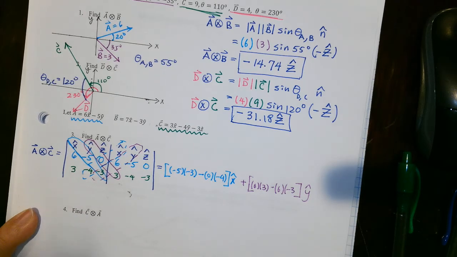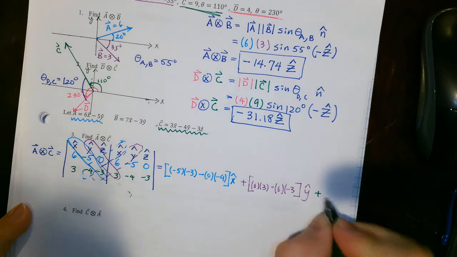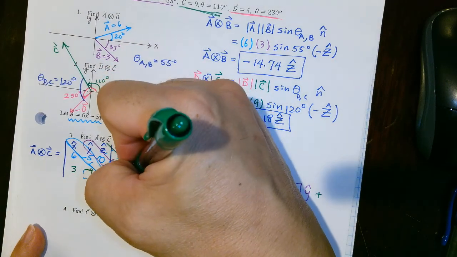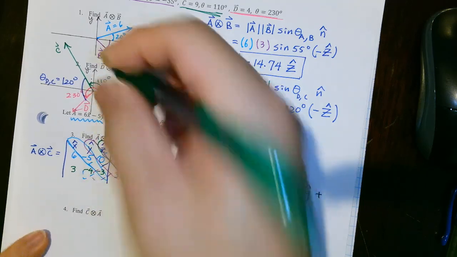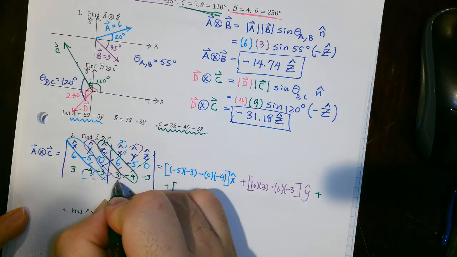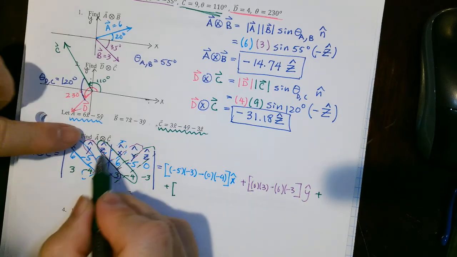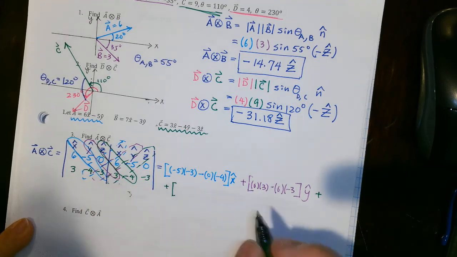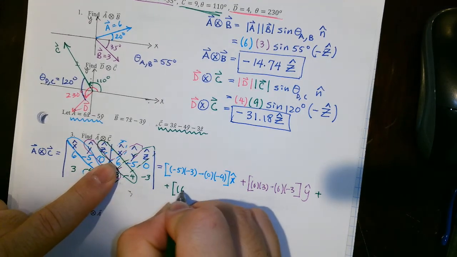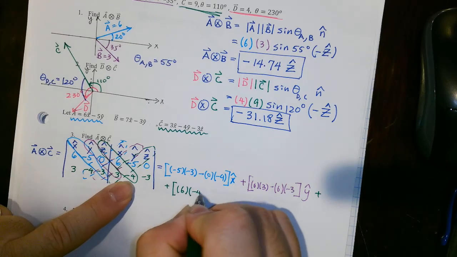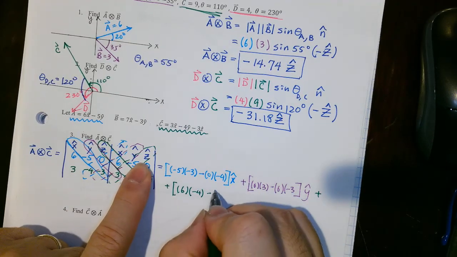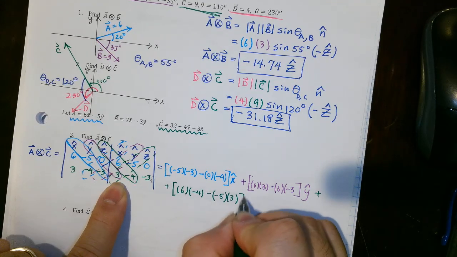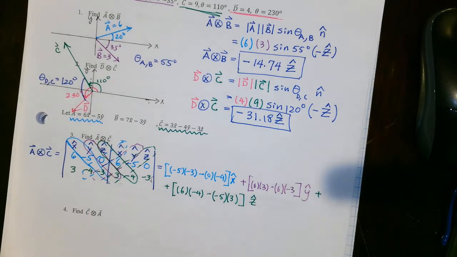All right, now for the z component, here we'll do this minus this, or this right here. They're the same things, right? So here I have 6 times negative 4 minus negative 5 times 3, z hat.